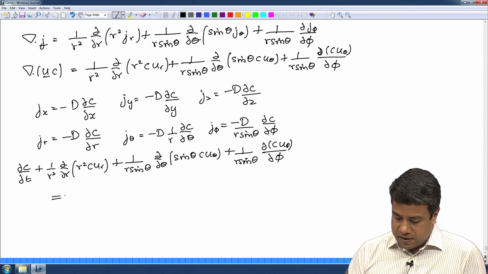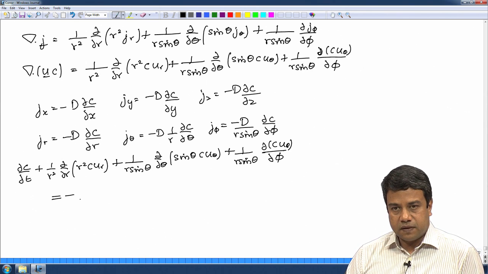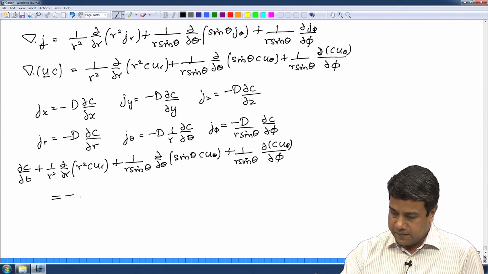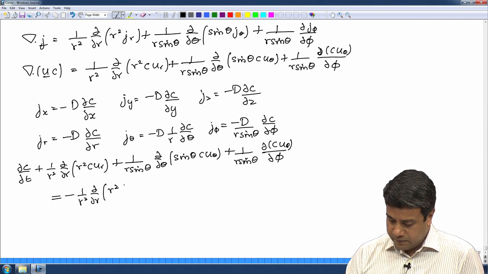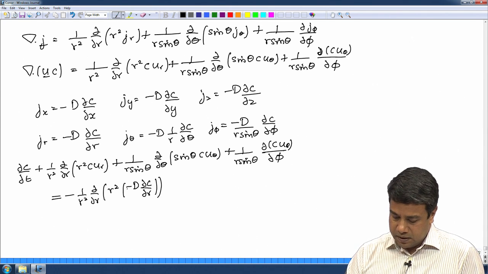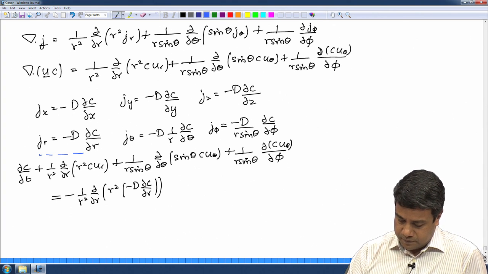On the right side I had minus the divergence of the flux. So, I have minus 1 by r square d by dr of r square into minus d partial c by partial r, that is J r.